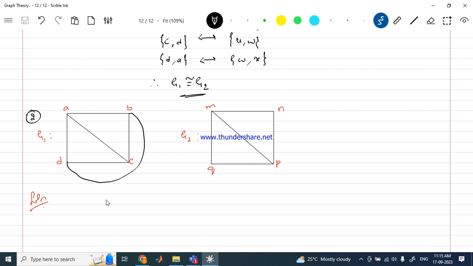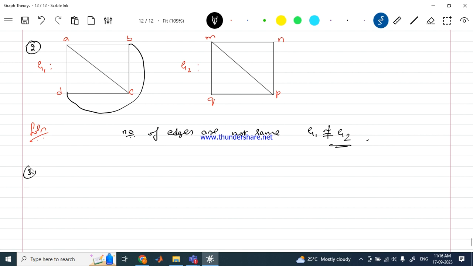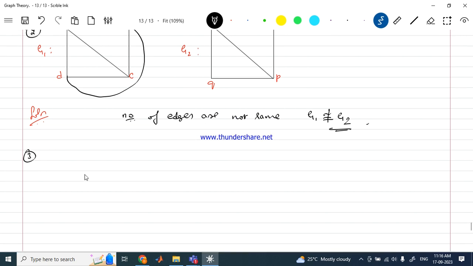So the number of edges are not the same, hence the two graphs are not isomorphic. So G1 is not isomorphic to G2. I need not prove anything here. Okay, you saw this one situation.